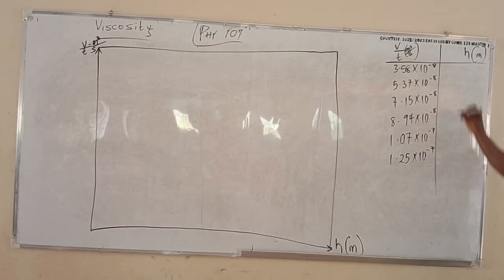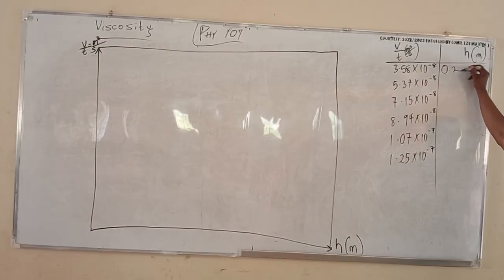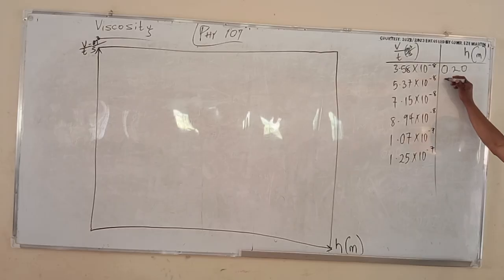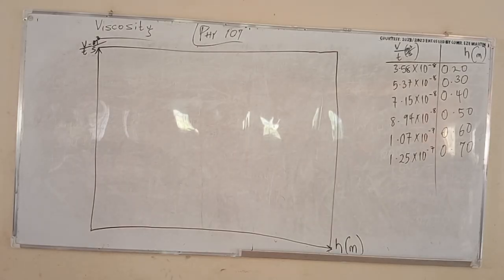Okay, for the height, I have 0.2. I have this one. Is that all? Please check. Are we correct? Please, what's the highest value here?